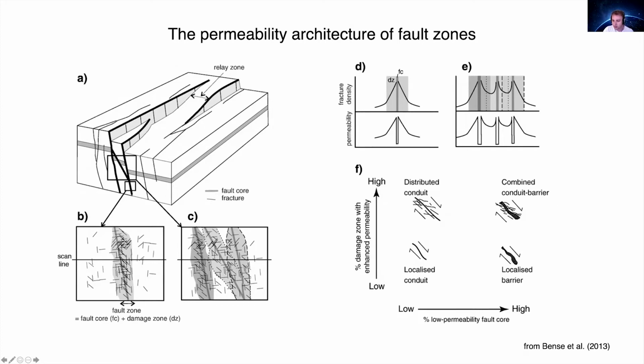That also depends, at least in their view, on how much of the fault core contains low permeability materials. And I think this is a fairly representative view of the general architecture of fault zones today, which is very one-dimensional in this sense. It's a profile in a fault normal sense.